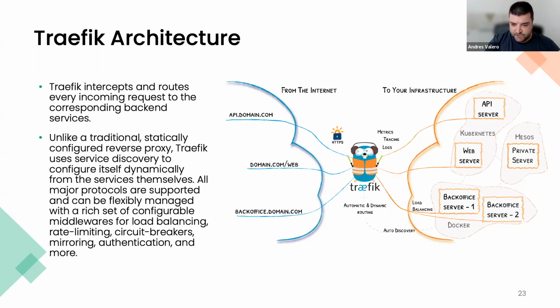Is a web server, a back office, an API server, whatever you need. So Traefik will be like this, the small logo will be controlling all the internet traffic coming in and going out of your cluster.